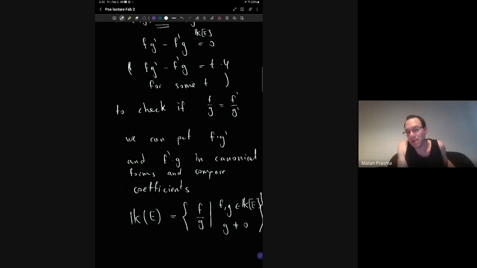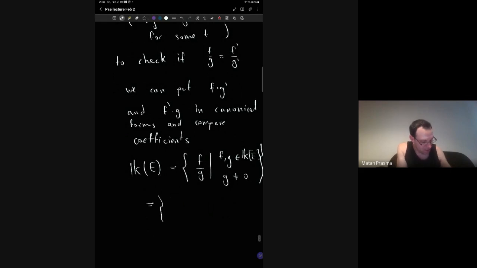So saying that g is non-zero is essentially saying that phi does not divide g. I could even write it like this: f modulo g such that f and g are polynomials on E, and phi does not divide g.